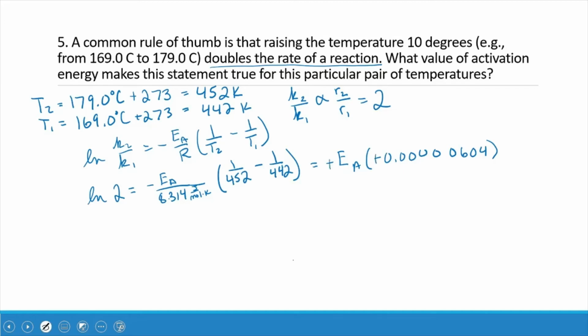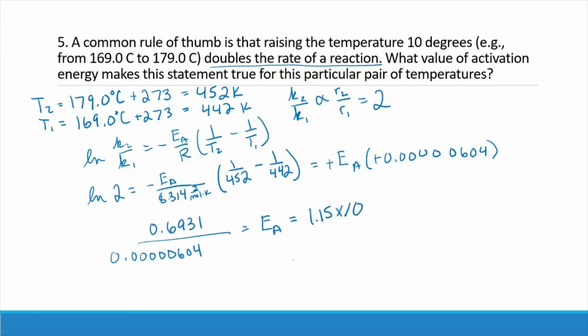And we see negative negative makes us positive. So the natural log of 2, which is 0.6931, divided by 0.0000604, is equal to our activation energy. And this gives us 1.15 times 10 to the 5th joules per mole.